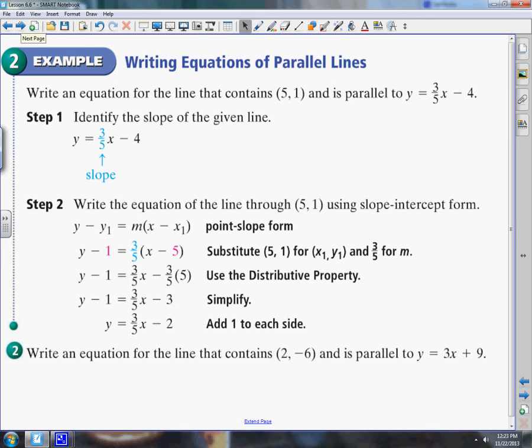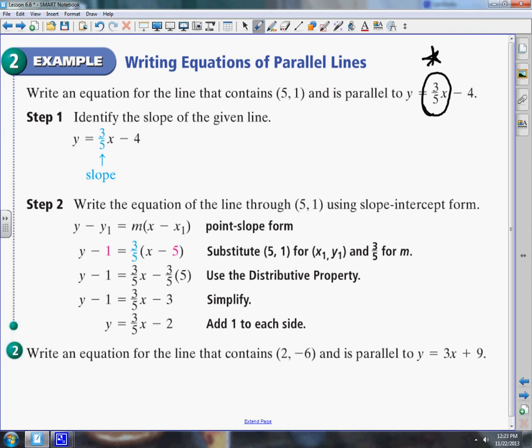All right, so writing equations of parallel lines. Write an equation for the line that contains (5, 1) and is parallel to y equals 3/5 x minus 4. Well, you should know, if they want it to be parallel, that I have to use this same number. I have to use 3/5. That's not an option.